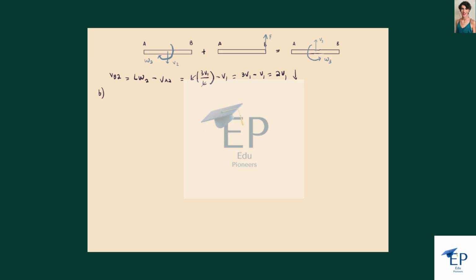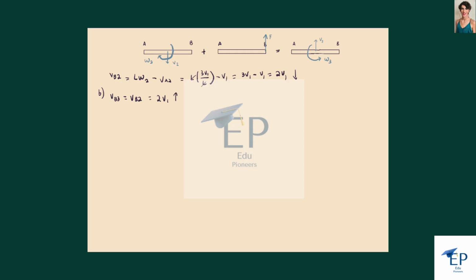When the rod hits point B, it will bounce off and move upward with a velocity vB3. And again, since our e is equal to 1, vB3 is just equal to vB2, but in the opposite direction. So that would be 2 v1 upward.